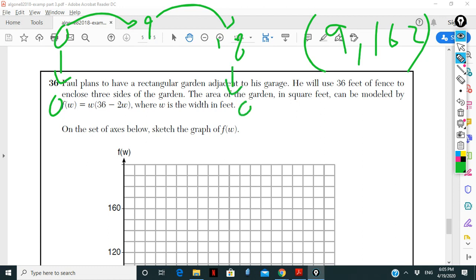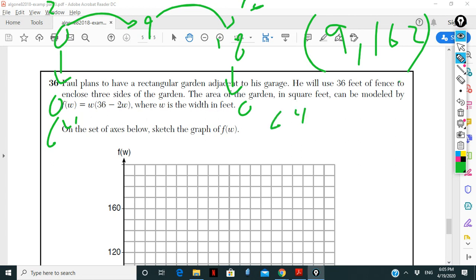Okay, and I can pick any other numbers, like for example, let's say 2, 2 and 16. 2 and 16 are going to have the same value. So 36 minus 4 is 32, times 2 is 64, and 64.